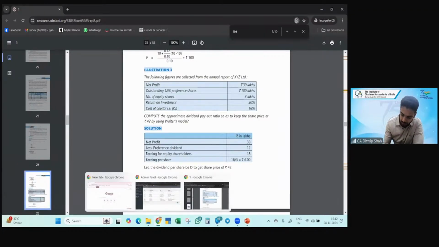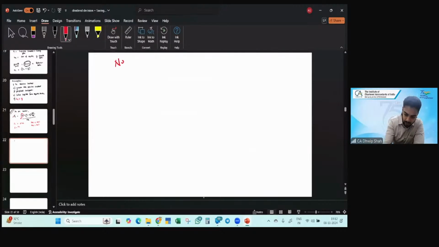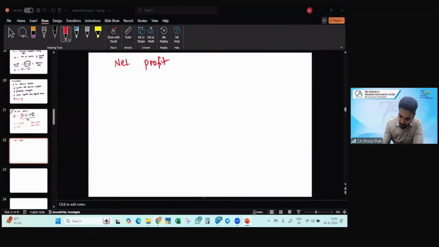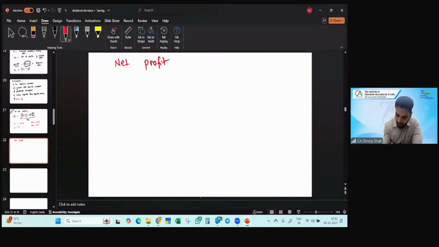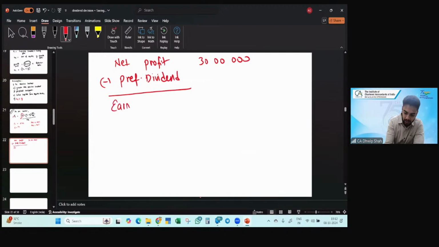My net profit is rupees 30 lakhs. If I subtract preference dividend from this net profit, I will get earnings for equity shareholders. And if I divide this by the number of equity shares, I can easily get EPS, which is E.